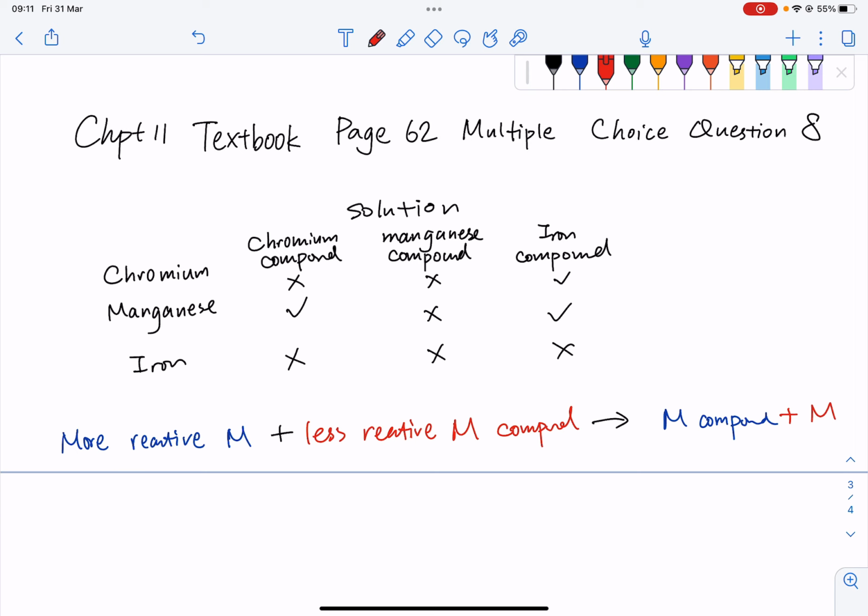So if the reaction can happen, then it represents the metal here should be more reactive, right?